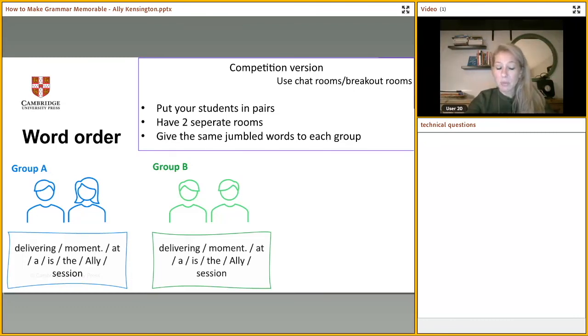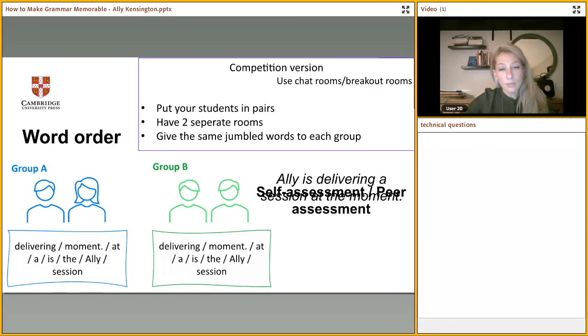Put them in different rooms, 2 students, 2 students. The first ones who come out of the room with the right answer will be the winner. Think about it if you do it a couple of times. And of course, self-assessment is crucial. You give them the answer and students do self-assessment or peer assessment.